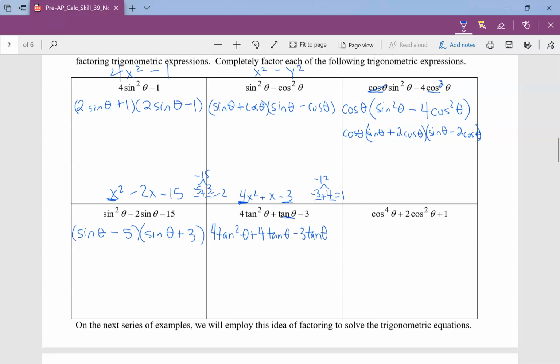By the way, tangent theta is like that middle x. And then minus 3. And hopefully you remember that when you have 4 terms, you factor by grouping. First group has 4 tangent theta in common with just tangent theta plus 1 left over. You have a minus in the middle and then a 3. And that's going to leave us with tangent theta plus 1 left over. So my factors are tangent theta plus 1 and 4 tangent theta minus 3.